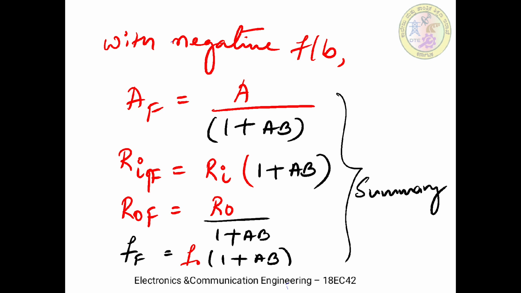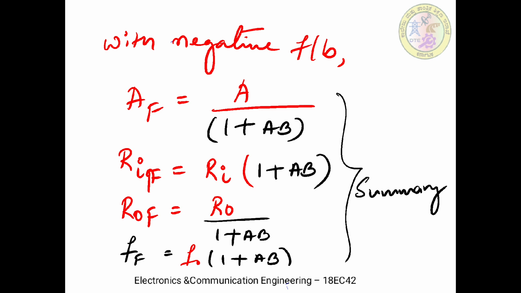Gain is reduced by 1 plus AB, input resistance is increased by a factor 1 plus AB, the output resistance is reduced by 1 plus AB, and the bandwidth is again increased by a factor 1 plus AB.